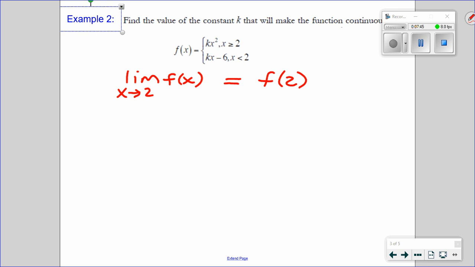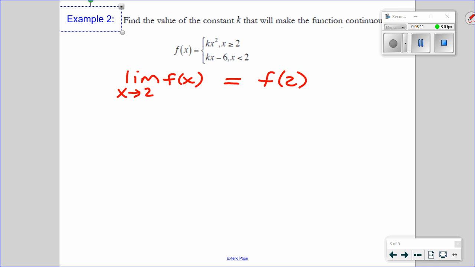All right, well, to evaluate the limit, does it make sense that we would evaluate our one-sided limits, and so we would plug into both pieces? And to evaluate f of 2, we would just plug into the kx squared, because that's where x is greater than or equal to 2.